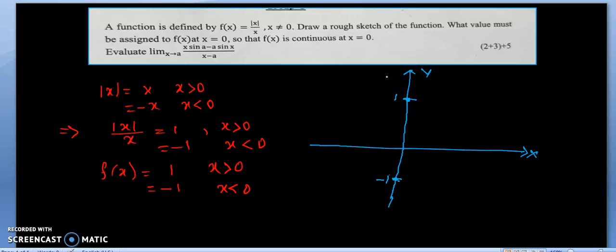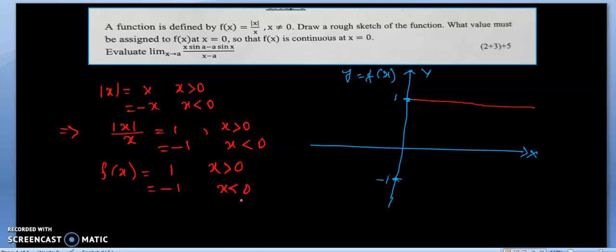Now suppose we try to draw the y equals f(x) curve. If x is positive, that means f(x) equals 1, that means the value of y is equal to 1. After 0, for all values of x, the value of y is always 1.